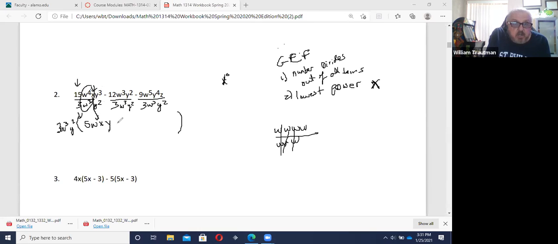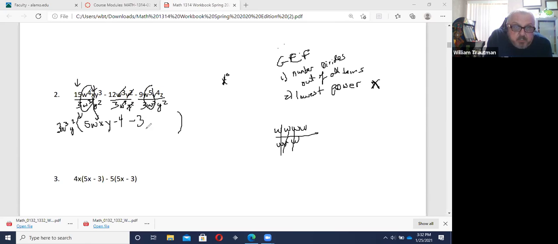Next is negative 12 divided by 3 is a negative 4. The W's cancel because it's 3 and 3. And the Y's cancel, 2 and 2. So we just have a 4 there. Then it's negative 9 divided by 3 is a negative 3.